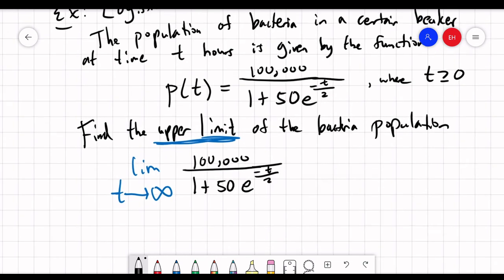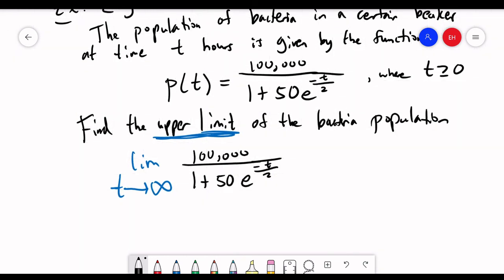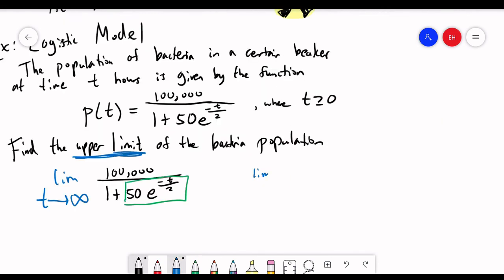Let's just focus on this part that has the time in it, this 50e to the negative t over 2 power. Let's pull that off to the side. This is a good strategy too, when you have a problem, just break it up into smaller pieces.